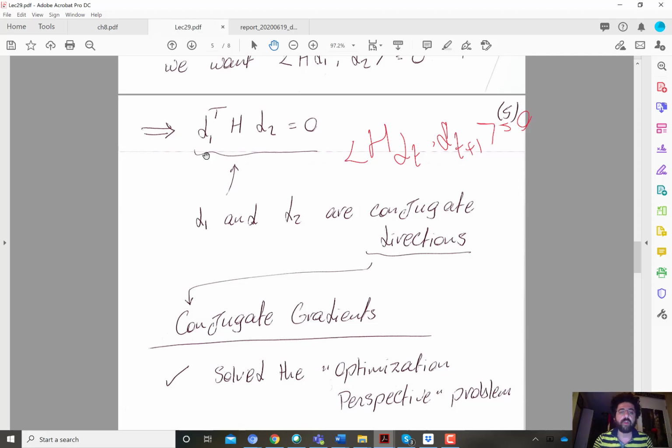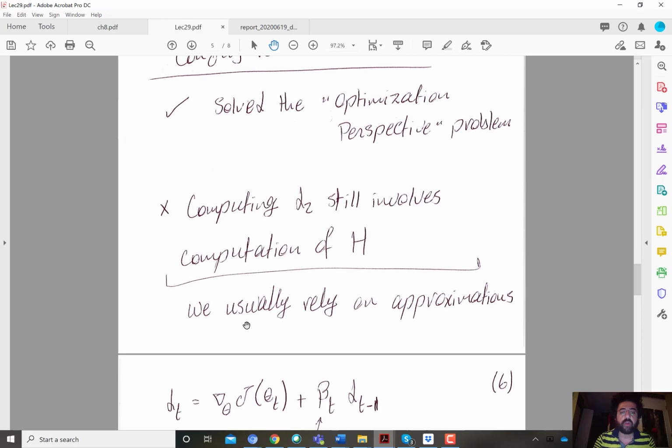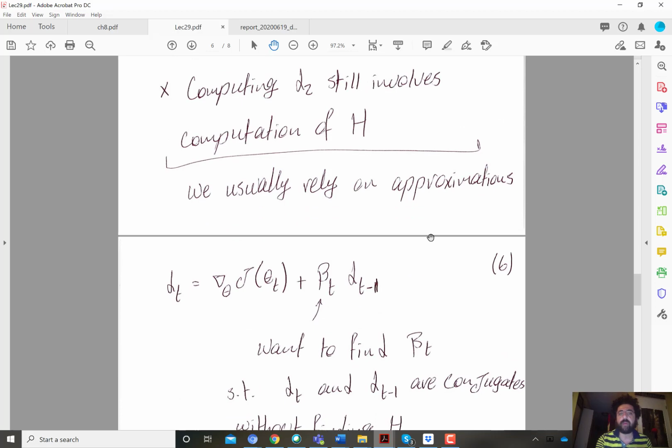So basically I have to know the direction orthogonal to HD1. This computation of the Hessian can be excessive, or knowing the information about the null space of the Hessian, or what direction would be orthogonal to HD1. So what usually happens is that we typically rely on approximations.